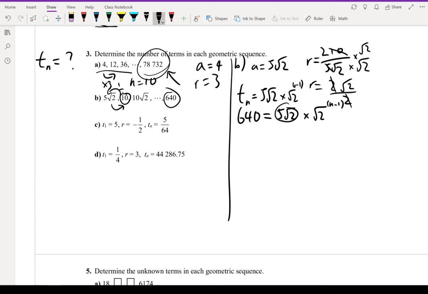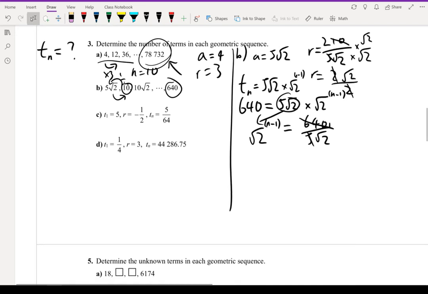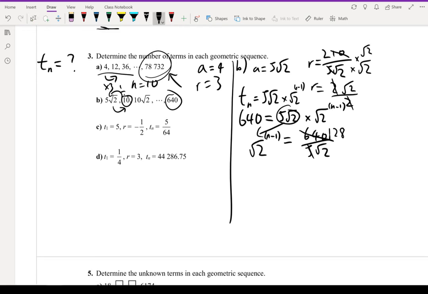And then I would bring this over down to the bottom, divide that. So root 2 to the power n minus 1 is equal to 640 divided by 5 root 2. Simplify things a little bit first. 640 divided by 5 is 128. Let's rationalize it because I don't like radicals at the bottom.